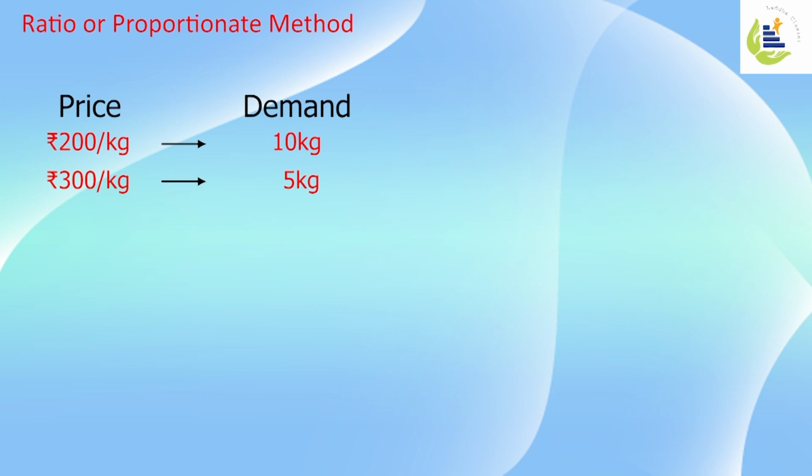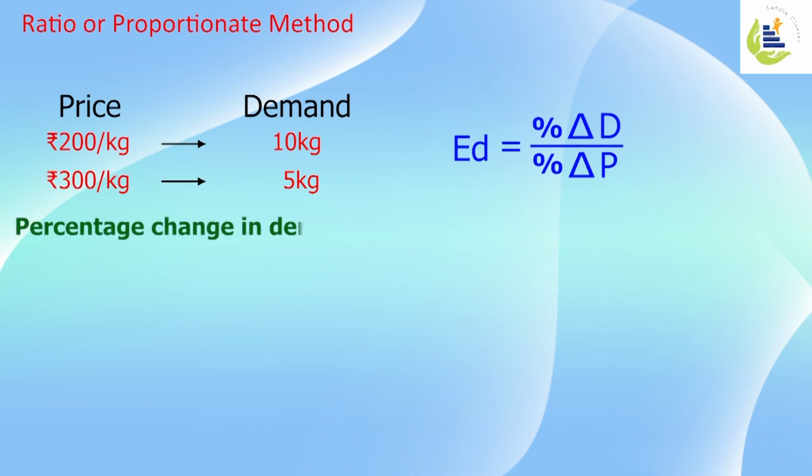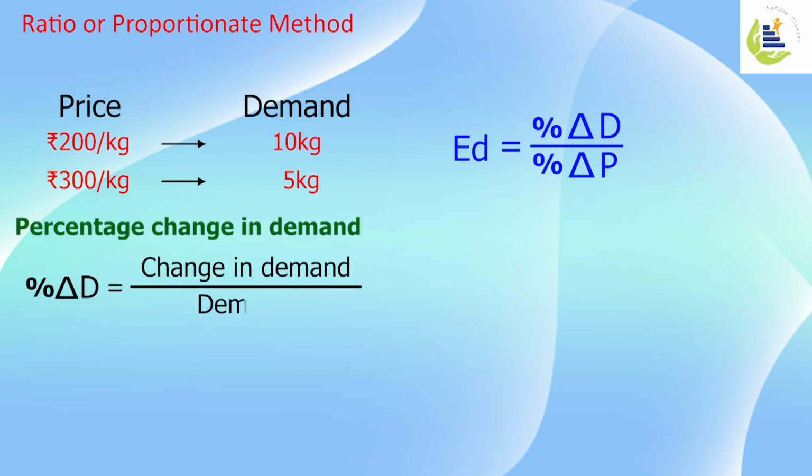Again, very simple. First thing, what is price elasticity of demand? It is percentage change in demand over percentage change in price. So let us first calculate percentage change in demand. Percentage change in demand is change in demand over original demand into 100. Earlier the demand was 10 kg, now it is 5 kg.